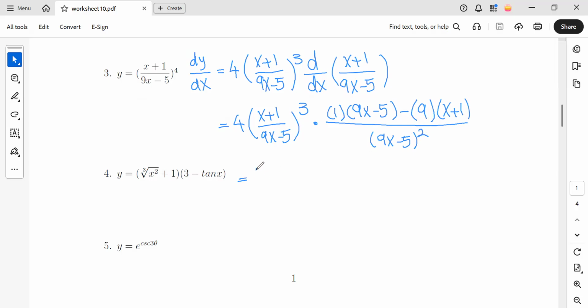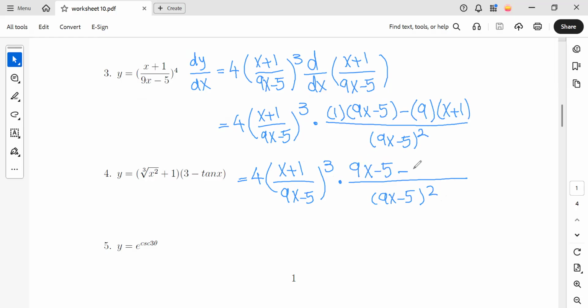And we can simplify this as x plus 1 over 9x minus 5 to the power 3 here, multiplied by the denominator remains the same, and the top we will have 9x minus 5 minus 9x plus 9.